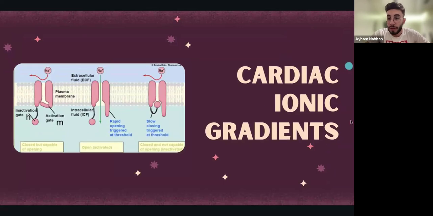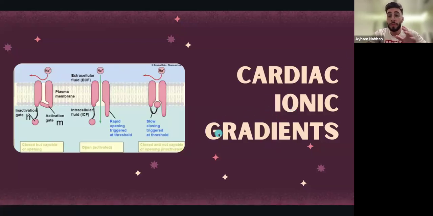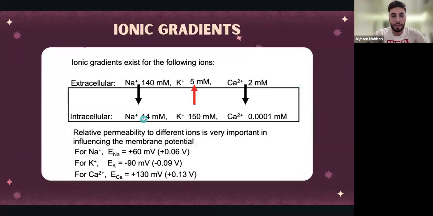Okay. Now let's go to the second objective, which is the cardiac ionic gradient. It is one of the most important ideas that, if you understand it, you're going to understand everything in cardiac physiology. So let's start with this beautiful picture, which I took from your slides, guys.